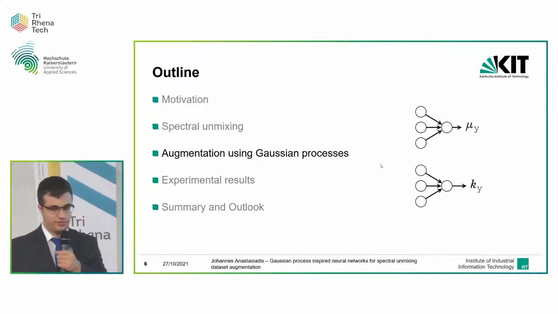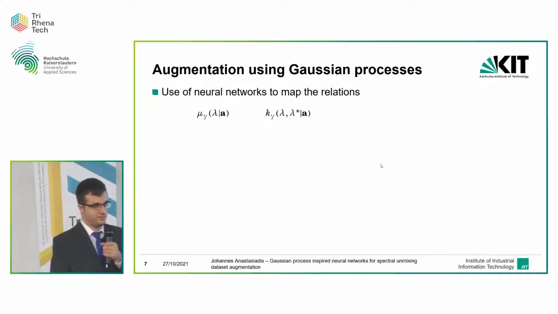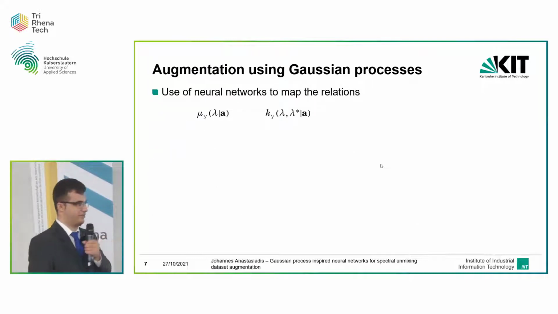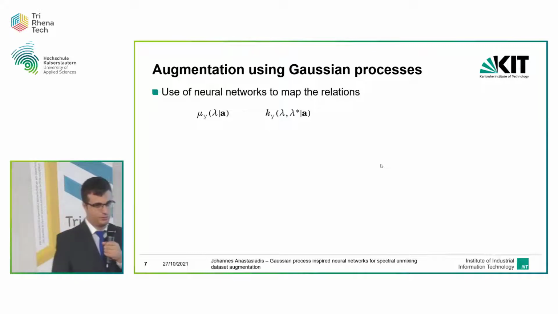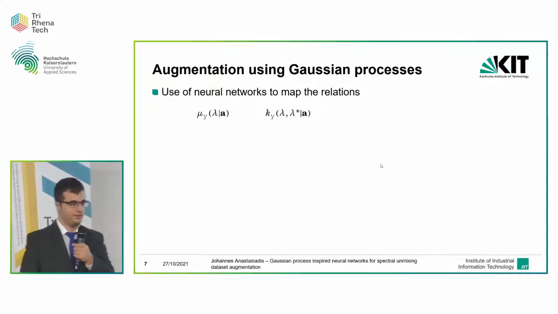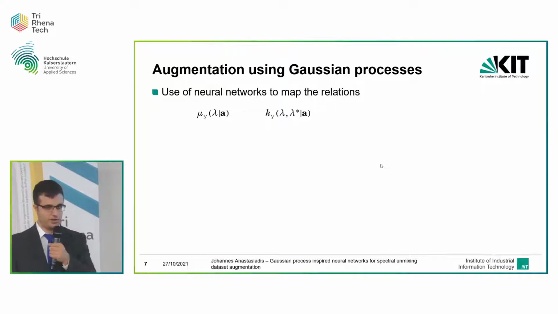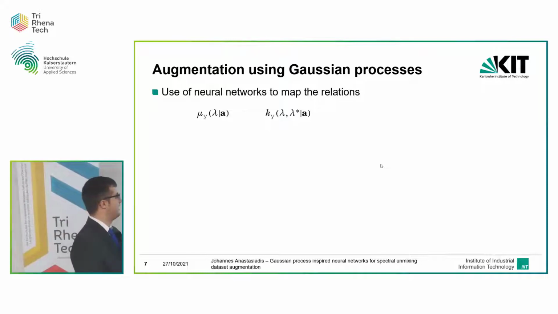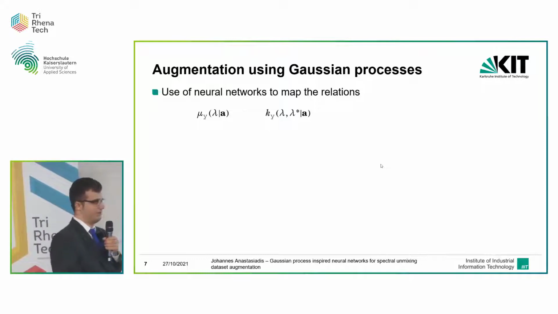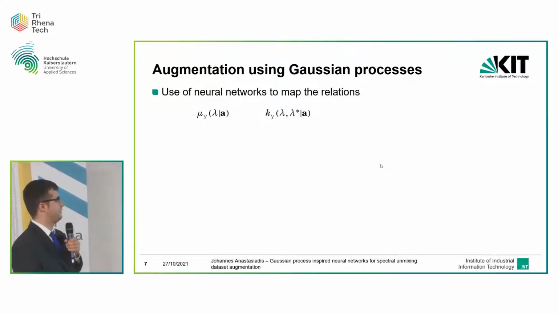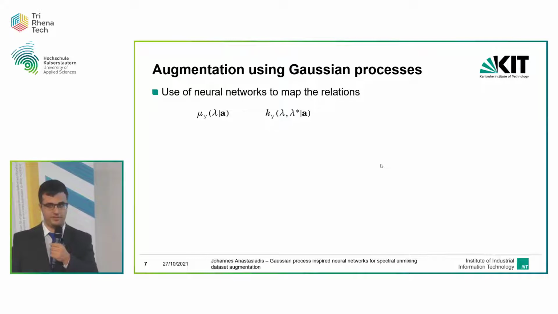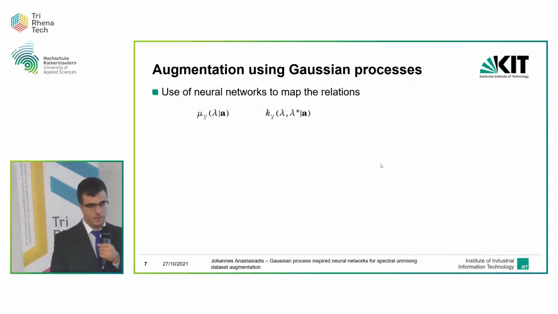Then I would like to continue with the approach. We model the spectra as Gaussian processes in order to involve spectral variability. Those are defined by a mean function and a covariance function. We have the wavelength as the variable and the abundance vector as additional parameters.